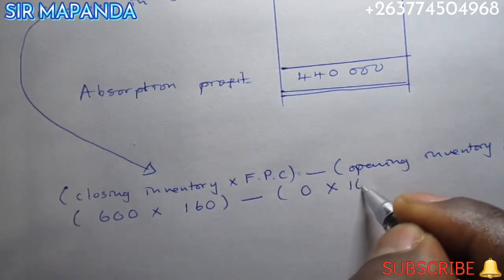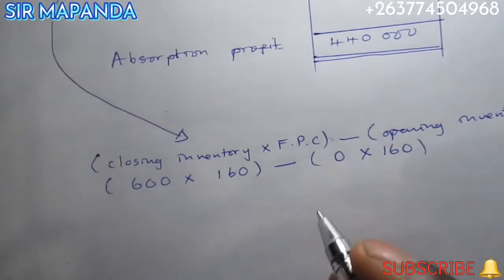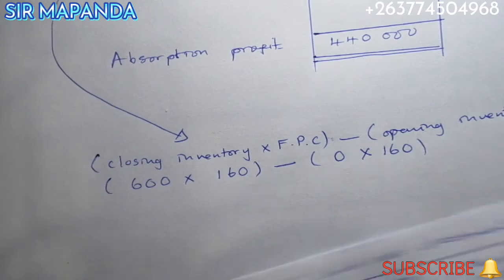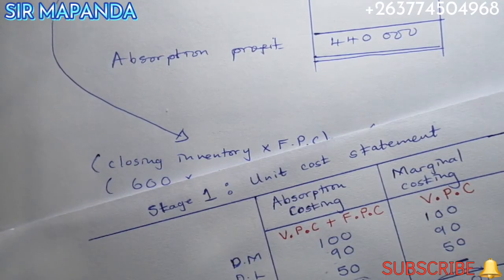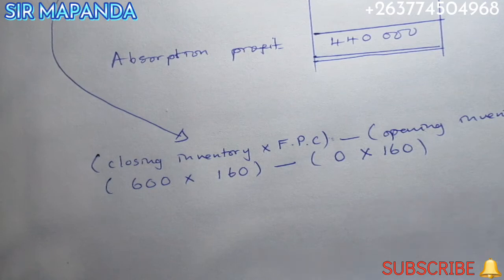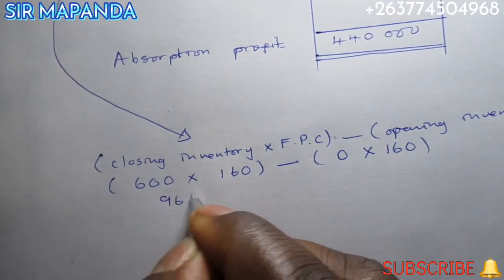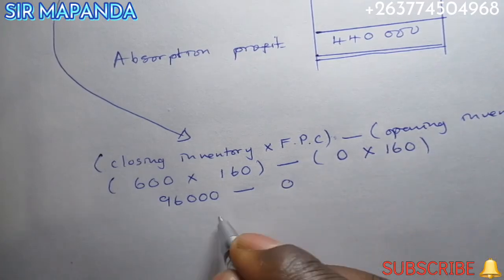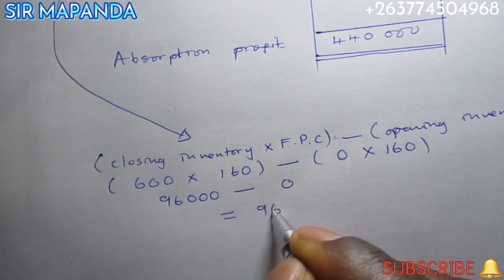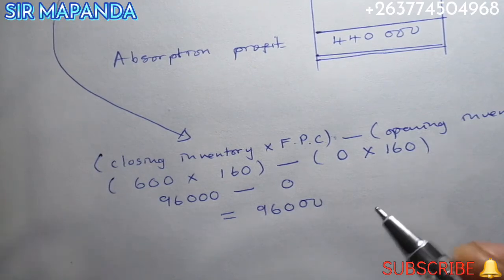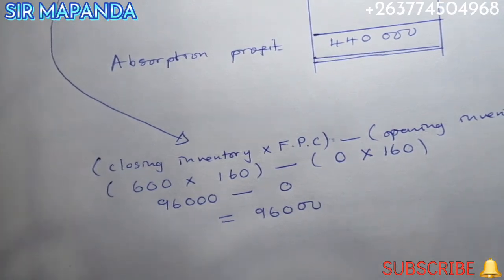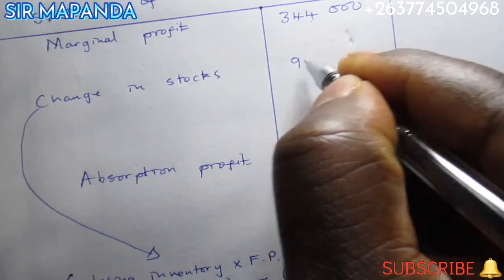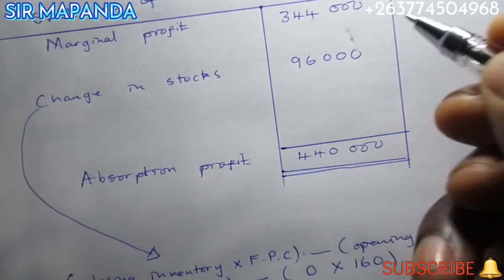You multiply by 160. So what is 600 times 160? 600 times 160, it gives you 96,000. You write 96,000 here, minus 0 times 160, you get 0. So 960 minus 0, it gives you 960,000. So I'm going to put 960,000 here, since it came out as a positive figure.